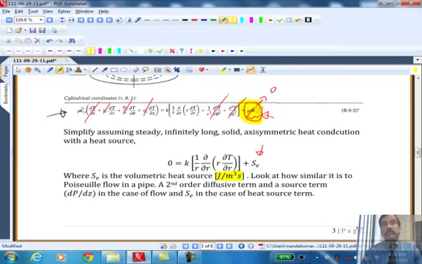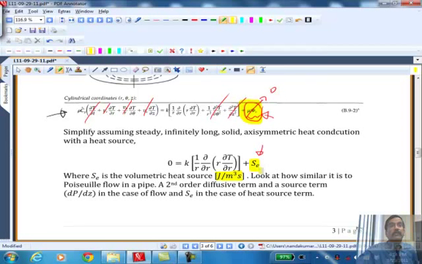Radiation. Anything else? Chemical reaction. If you have a catalyst pellet, a cylindrical pellet, and there is a reaction taking place, there is heat of reaction, right? They are all essentially taking this place, but the form of that will depend on what is the mechanism that generates the heat.